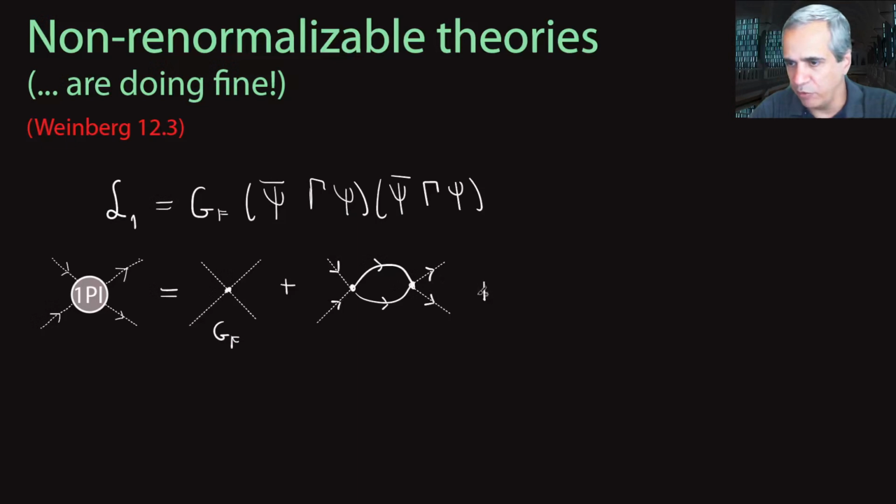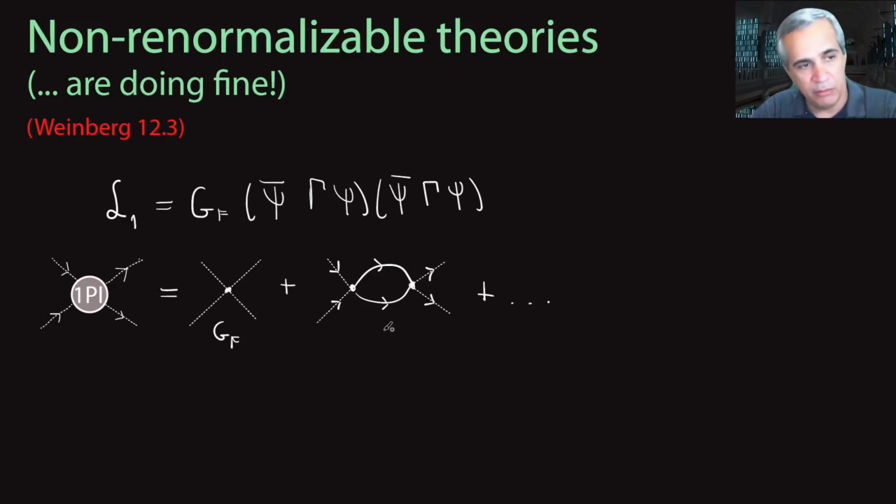And of course you have other terms. You have this loop, which is very similar to lambda phi 4 actually. You have a loop in the T channel, in the U channel, depending on, of course, the flavors of the fermions. You can complicate this a lot. We want to focus on the spirit of the thing. We know from the superficial divergence criteria that this diverges.